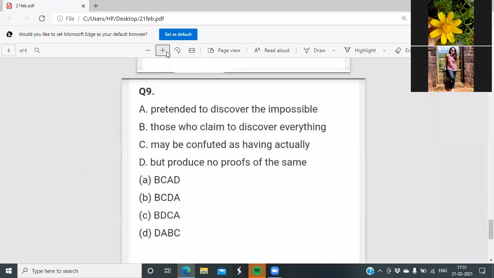Thank you, Ravindra, for scrolling to question number 9. So: pretended to discover the impossible, those who claim to discover everything may be confused, I'm sorry for the spelling error, as having actually, but produce no proofs of the same. Now, again, take a minute.